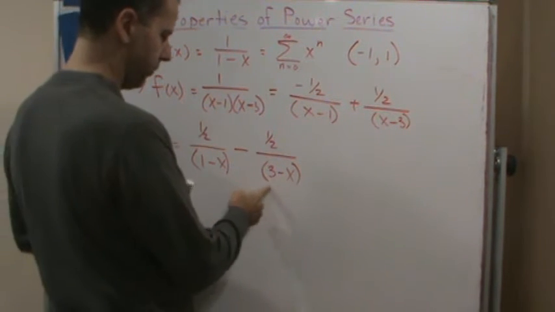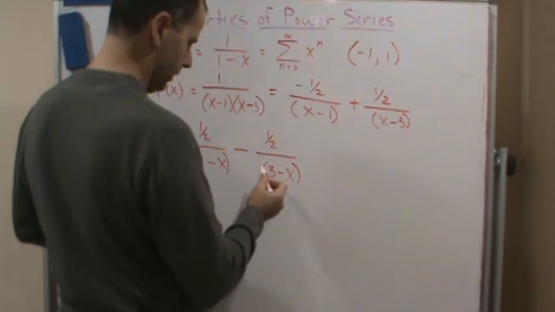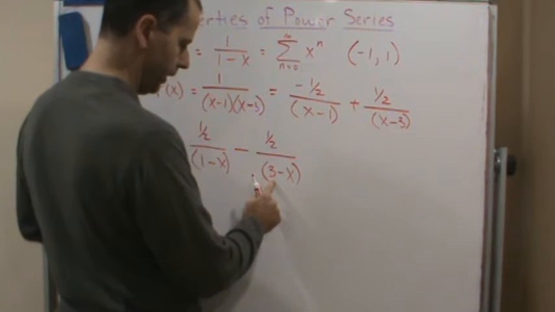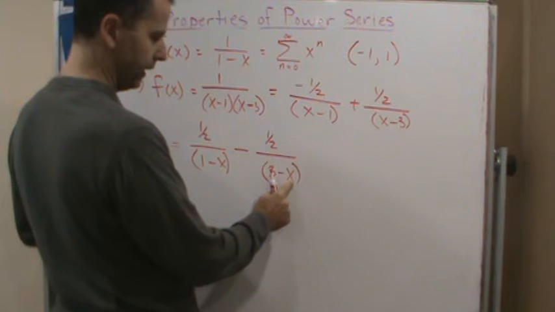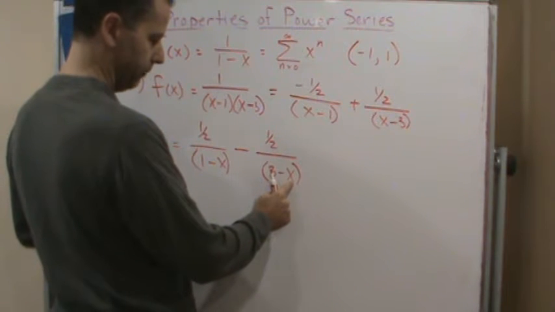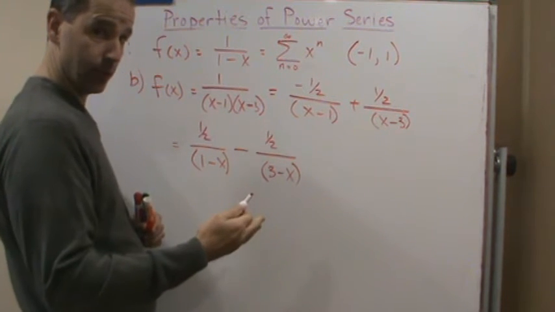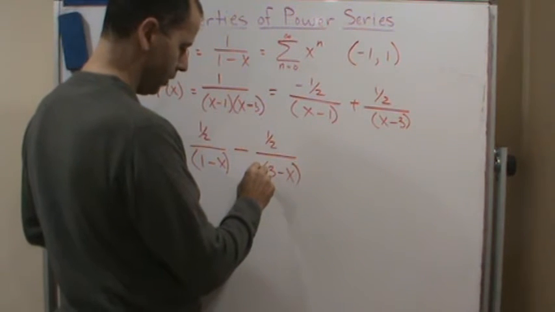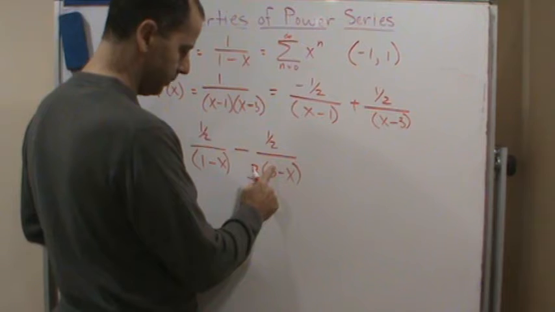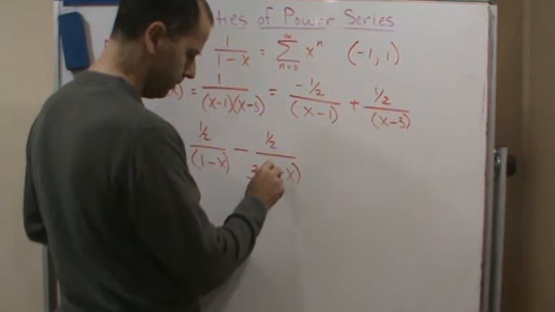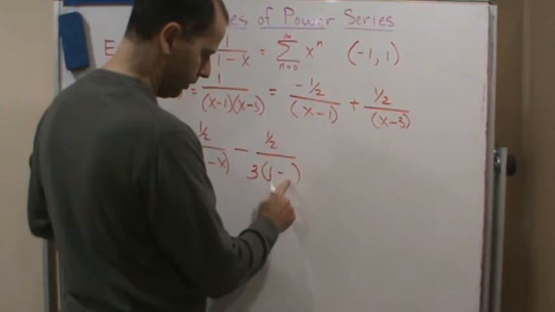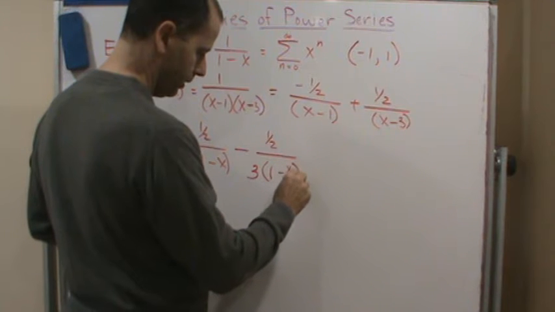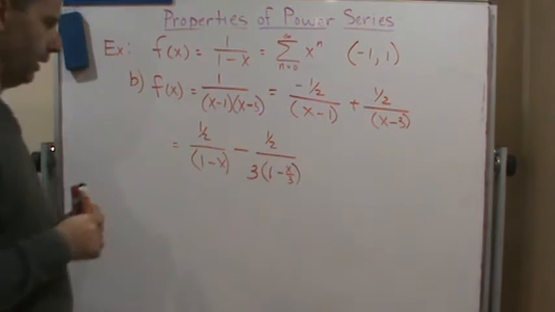So if I factor out a 3, then this will become a 1, but then I have to divide this by 3. So basically, if I factor out a 3, I'm going to divide everything by 3. So if I factor out a 3, this will become 1, and this will have to be x divided by 3.